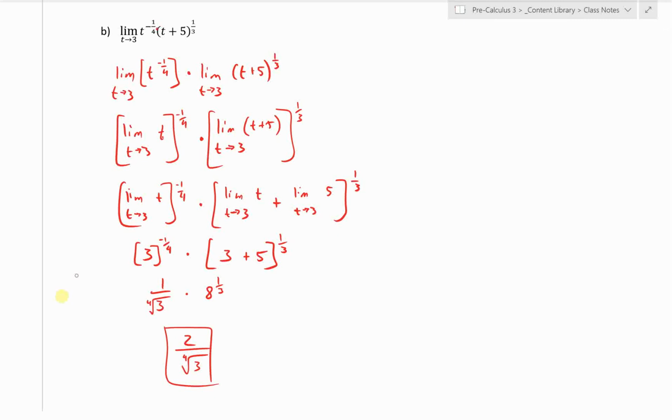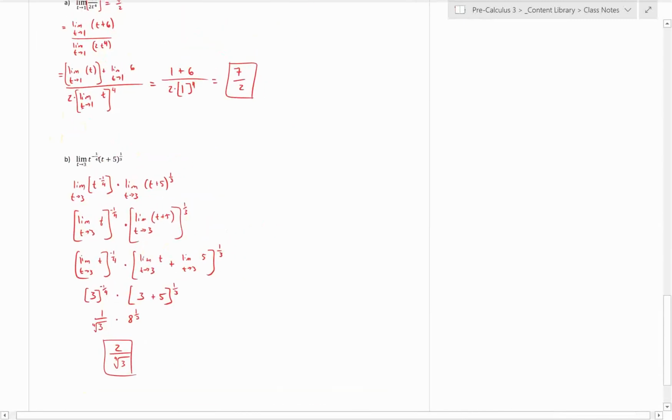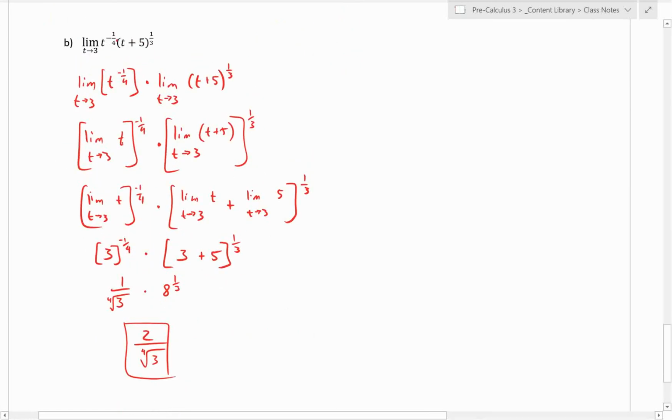So the last thing I'll say about these limit laws in this last video is that some of you certainly are noticing that essentially what happens here is, as you break the function apart, you end up just plugging the limiting value into t and evaluating all of the components of the function anyway, right?